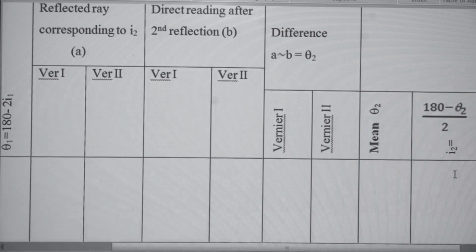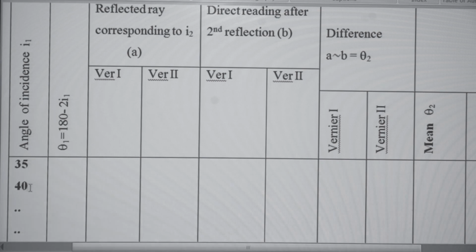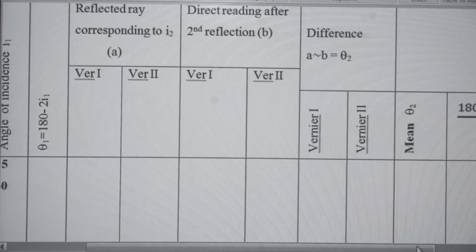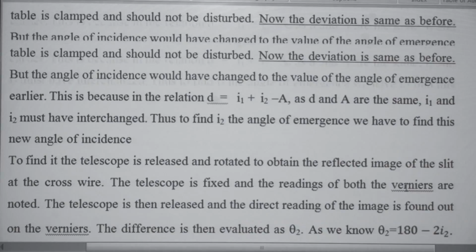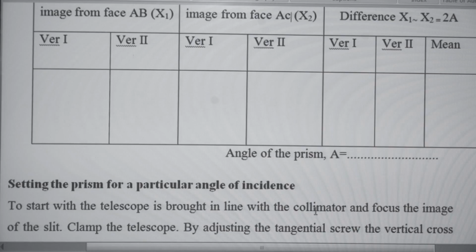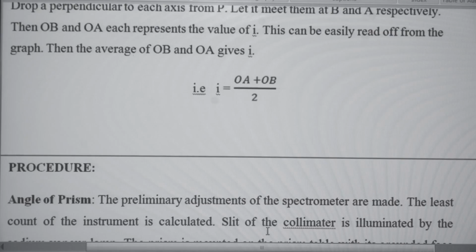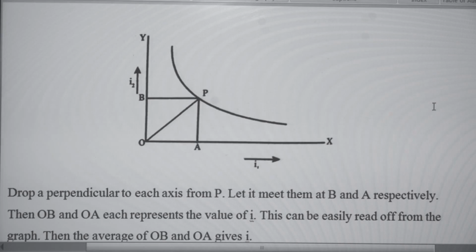So we obtain I2. We fix the value of I1 that we selected, I1 is 35, and obtain the value of I2. Then the experiment is repeated for another value of I1, that is 40, and for that we obtain the I2 value. Using those I1 and I2 values we plot the I1-I2 curve. We get a curve like this.